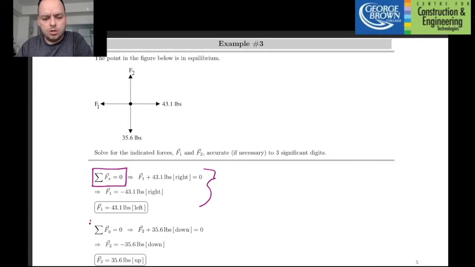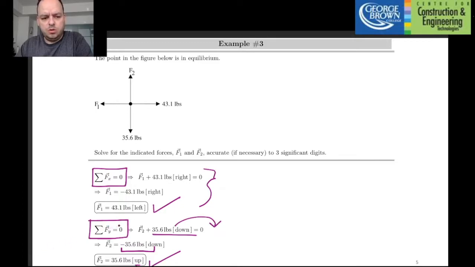However, in the y direction, we do have an extra term in this equation, right there. 35.6 pounds acting down. And if we take this term and move it to the other side, we'll get a negative sign, and that negative sign can be absorbed with the down to produce an answer of up direction. So there you have it. Equilibrium is satisfied by having F1 and F2 as follows.